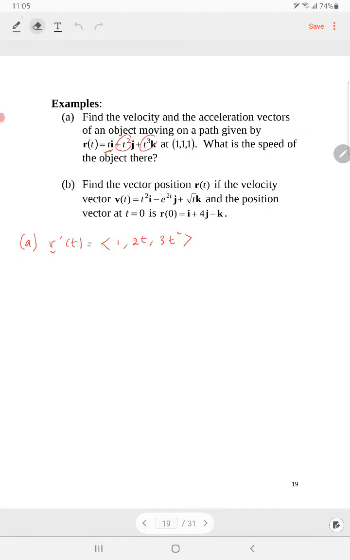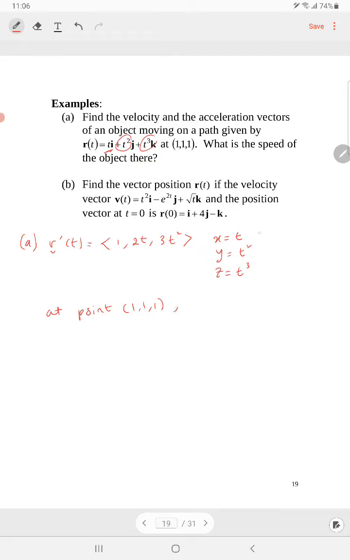Look at the parametric equations for our curve. The parametric equation for x is t, for y is t squared, and for z is t cubed. At the point (1,1,1), we need to find the value of t.